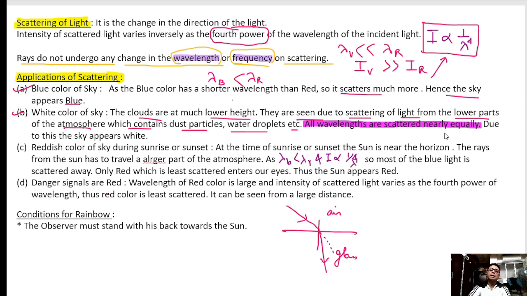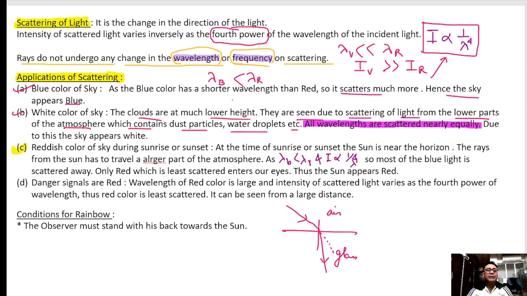When all are scattered equally, we see it as white color.